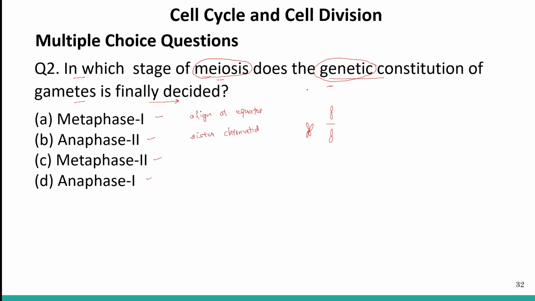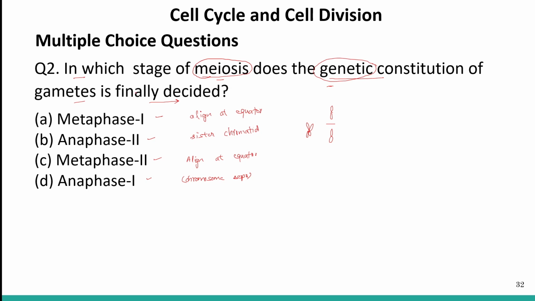What happens during metaphase 2? Chromosomes align at the equator, so no change in the genetic constitution here. Anaphase 1, what happens? Homologous chromosomes separate. That's why there is a reduction of chromosome number.